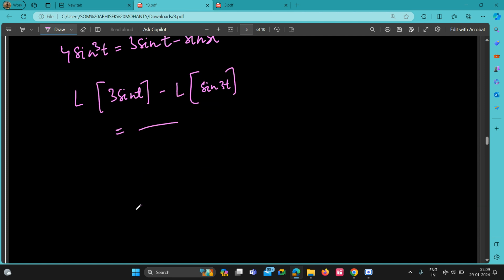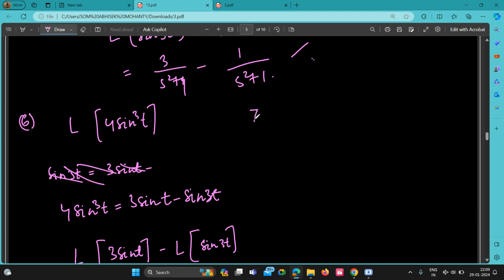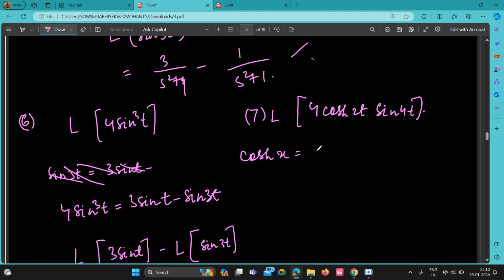Next, question number 7: Laplace of 4 cosh 2t sin 4t. So we know cosh x is equal to e to the power x plus e to the power minus x by 2, and sin x is equal to e to the power ix minus e to the power minus ix by 2i.